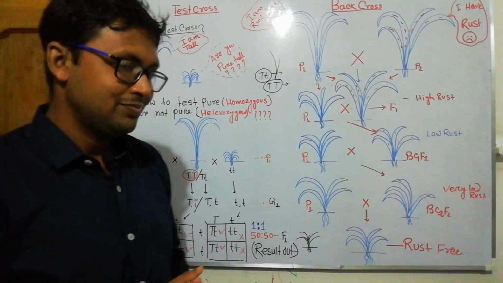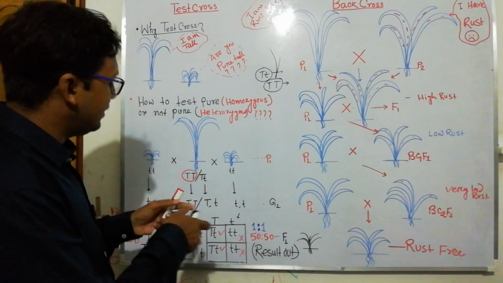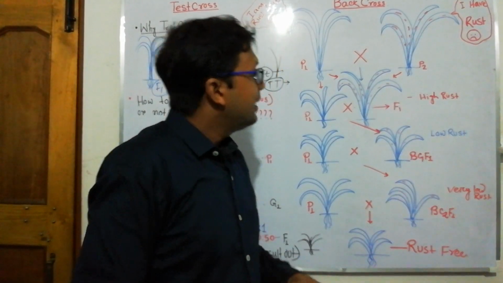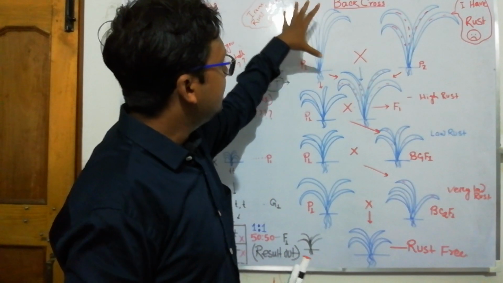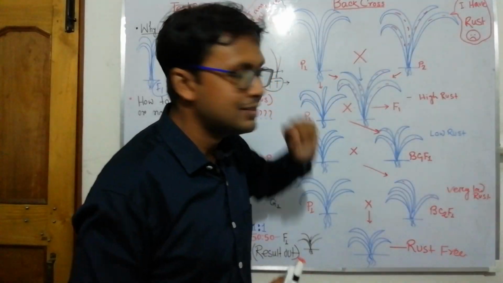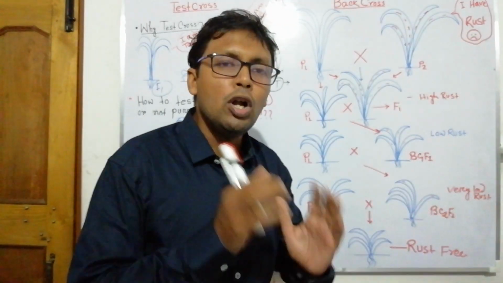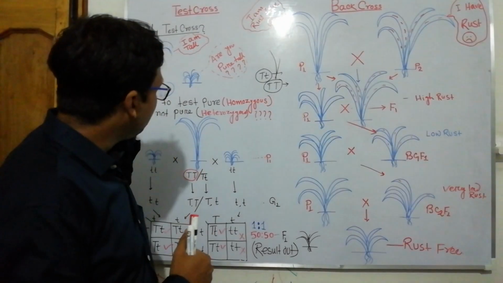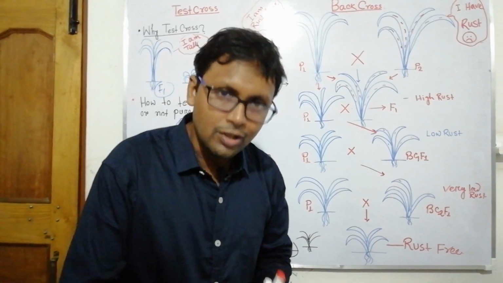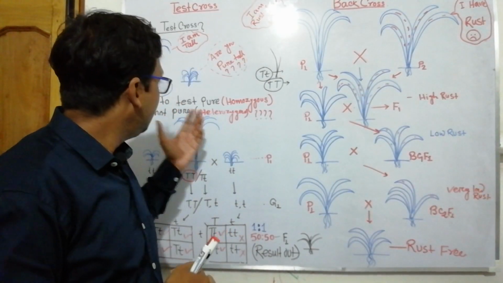Now a back cross is when the F1 individual, this F1 individual developed from the cross of these two plants, is crossed with either of the two parent plants, not necessarily the homozygous recessive one. In a test cross, the F1 individual is obviously crossed with a homozygous recessive parent, to determine whether it is pure homozygous or heterozygous.